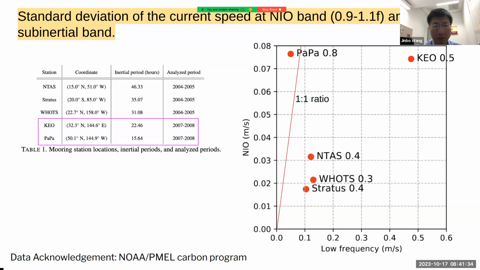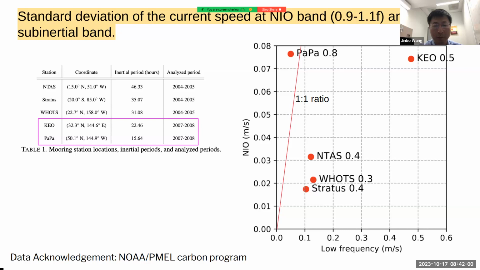The NIO, I want to use this plot to highlight the KEO region and the Station Papa region, the distinction in the partition between NIO and background mesoscale, submesoscale, and mean circulation. And that the signal content gives us two different scenarios in terms of the NIO reconstructability.